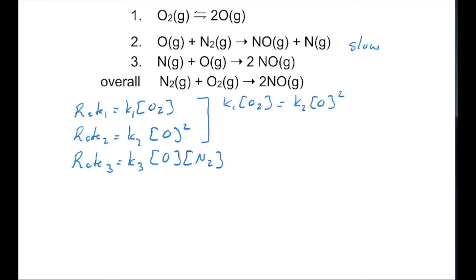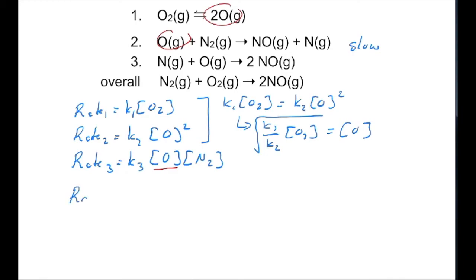And what do we have? We have an intermediate. Our oxygen is an intermediate, so let's solve for oxygen. So K1 over K2 times the concentration of O2, and the square root of that is going to equal O, the concentration of O. And again, we need the O because we have an O in our rate 3.